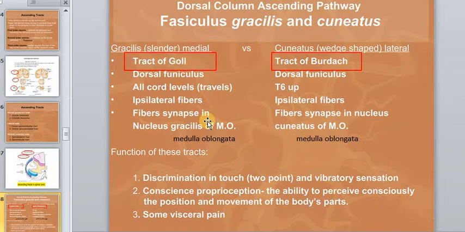The function of these tracts: sense of touch and vibration, transmission of sensation from proprioceptors, tendons, ligaments of the joints. We studied this in the muscle section. Somatic visceral pain from muscles, for example. According to sensory signals, both tracts are very similar.